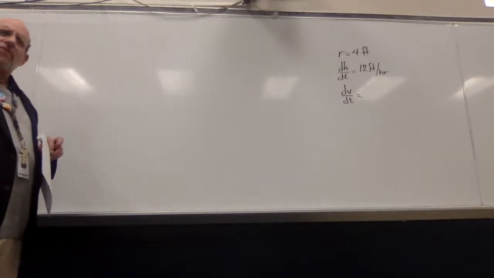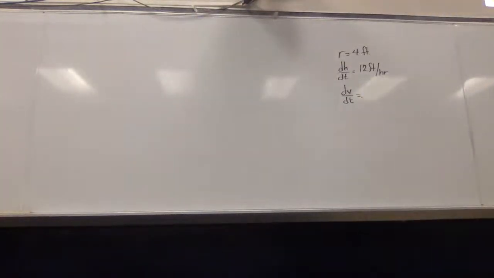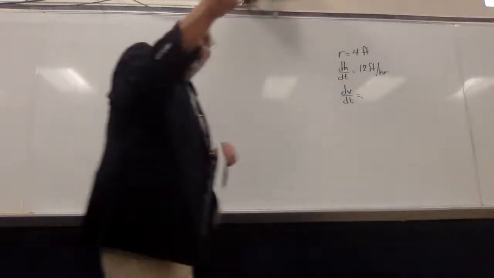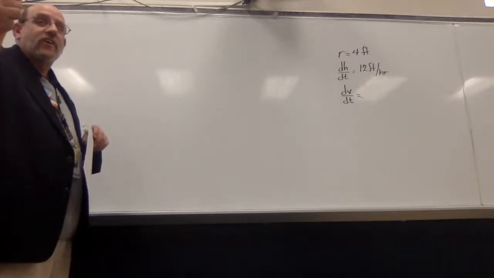Now we need to know the formula for the volume of a cylinder. Is it one half, 2 pi radius? No, 2 pi r is surface area.